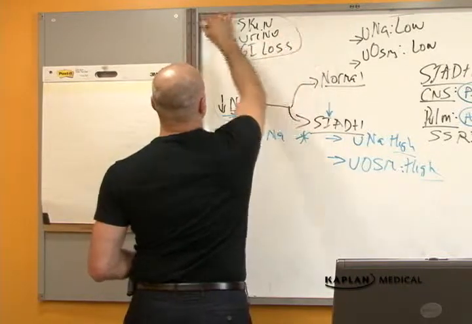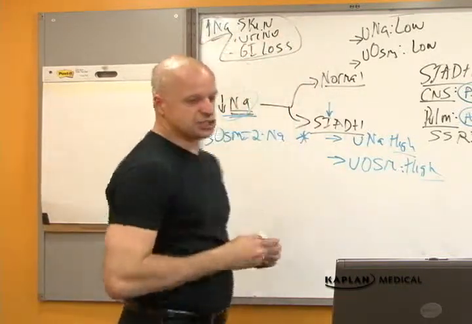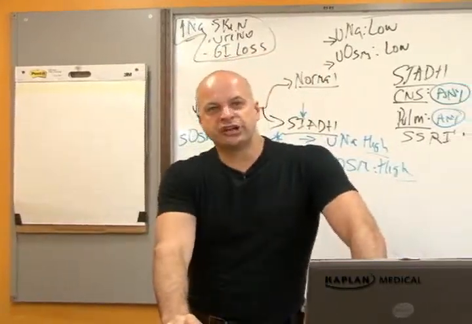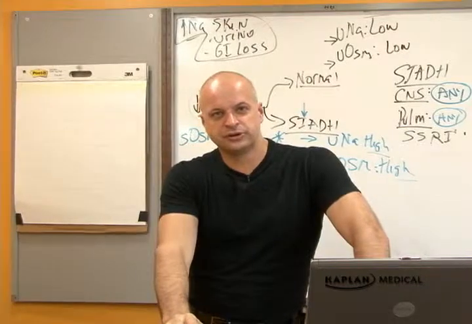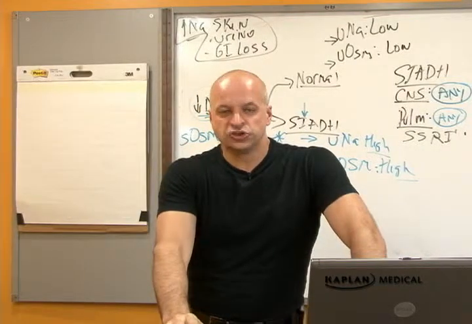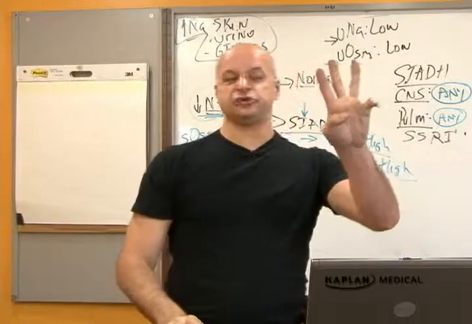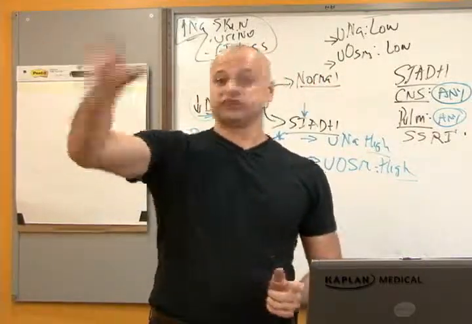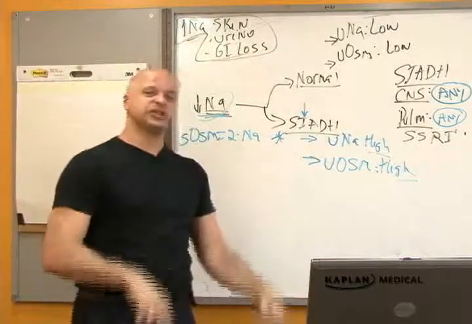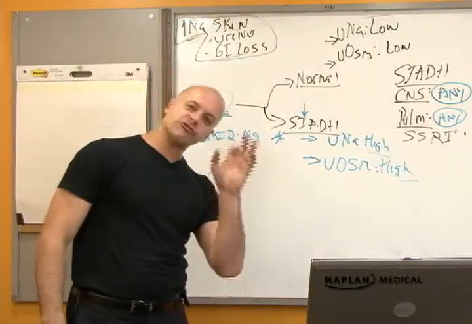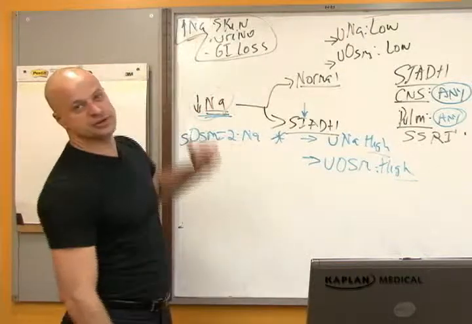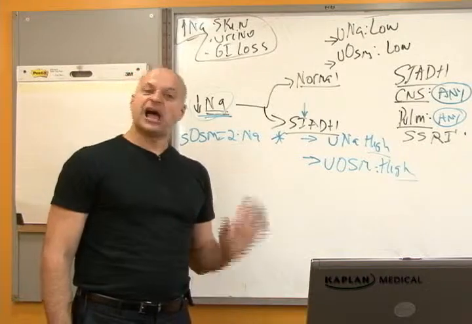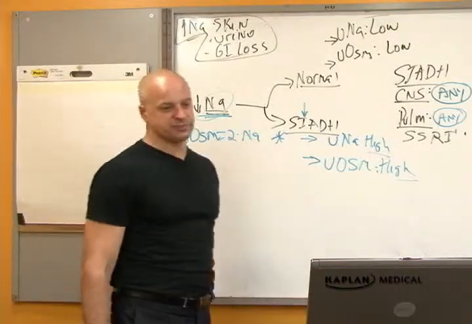Now, if I lost fluid through skin, urine, and GI, and I replaced it with free water over time, these things could actually cause hyponatremia. But without free water replacement, they cause hypernatremia. You go out and you urinate like crazy today, you get hypernatremic.